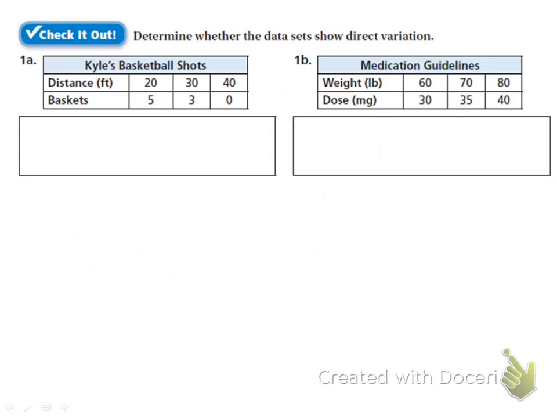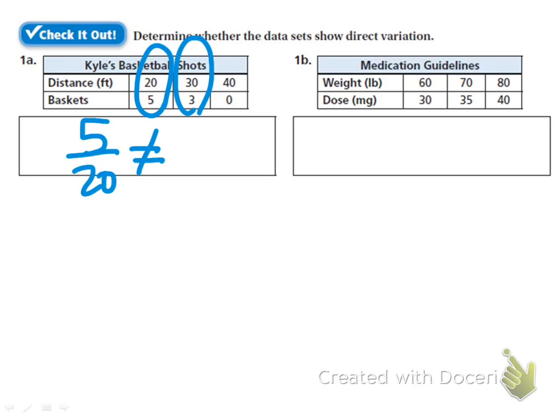Check it out, 1A and 1B. Please pause the video. Okay, you should have done these on your own, and you should have found that when you set up the proportion, 5 over 20 does not equal 3 over 30.